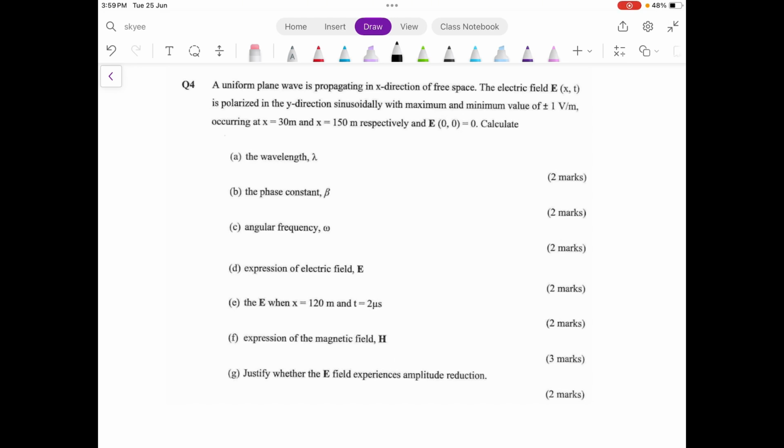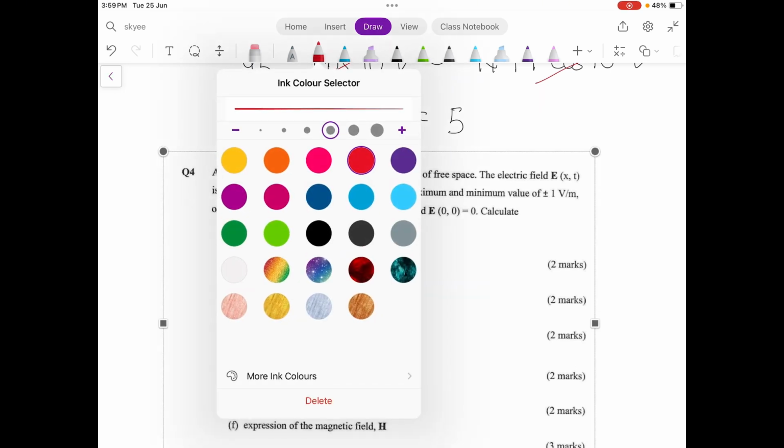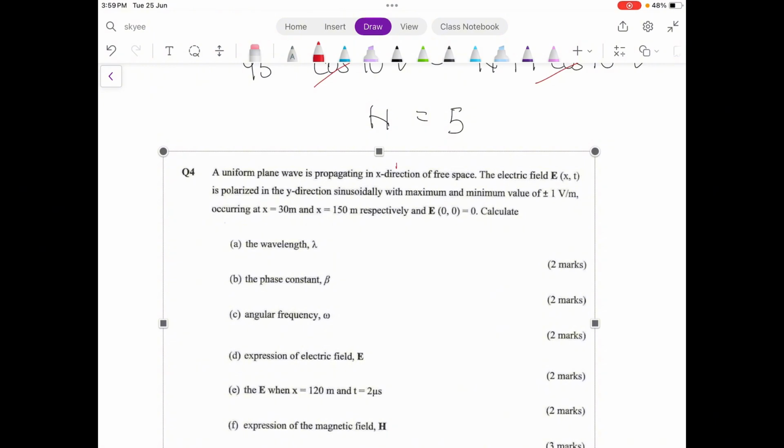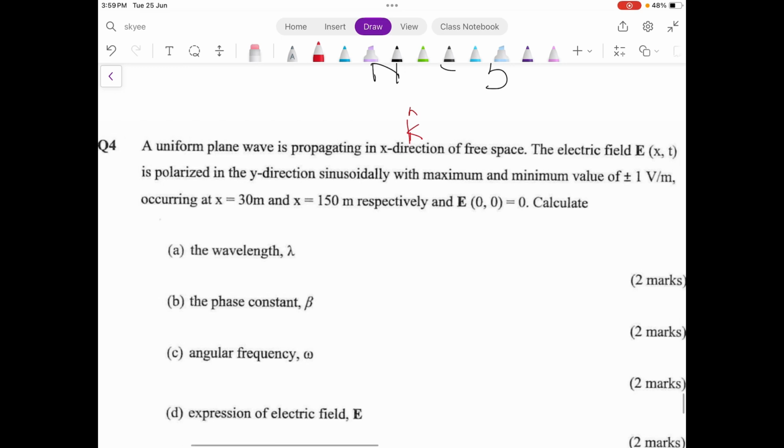Alright, question number 4. You have a uniform plane wave, and this plane wave is propagating in the x direction of free space. This one is telling you the k. The electric field is polarized in the y direction, so this is the direction of the electric field, sinusoidally with maximum and minimum values of 1.